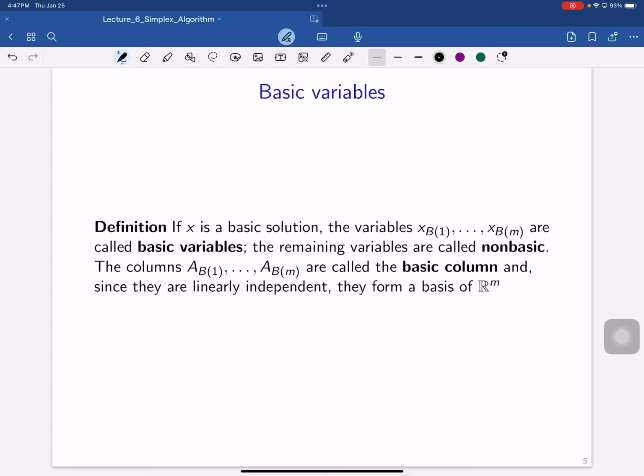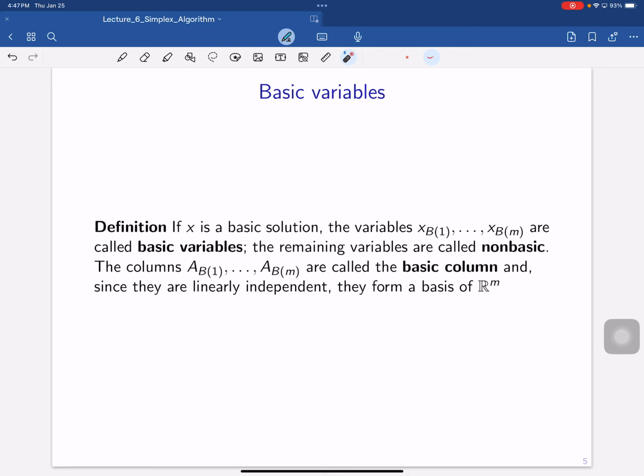So let's just define it this way. If x is a basic solution, then we call those variables x_B1 all the way to x_Bm basic variables, and the remaining variables are called non-basic variables. Here m is the rank of A. You have m linear equality constraints.